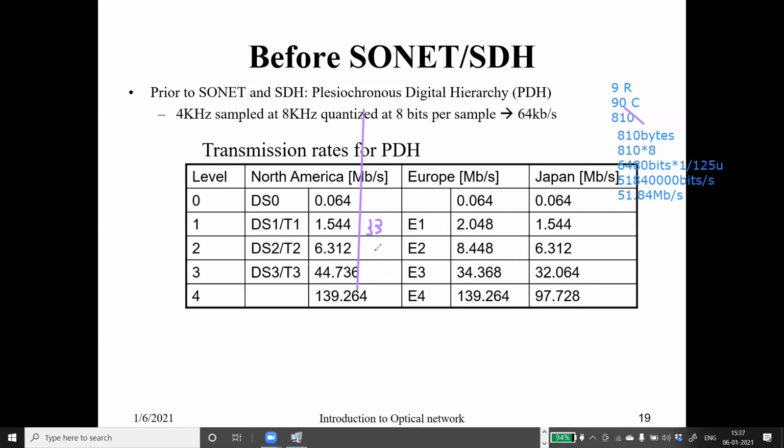It's 8 for DS2. And DS3, 1. It will be 1 only. Yes, correct.